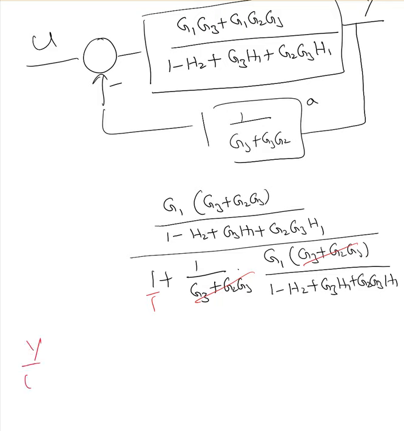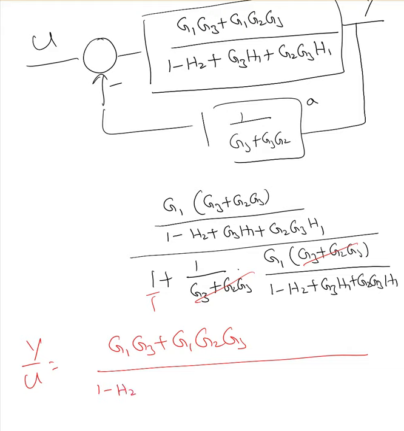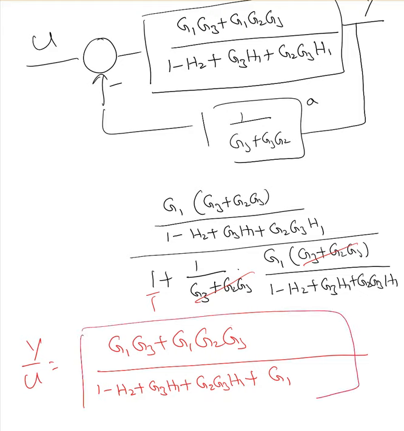So y over u equals z1 z3 plus z1 z2 z3 over 1 minus h2 plus z3 h1 plus z2 z3 h1 plus z1. That's it. That's our transfer function.